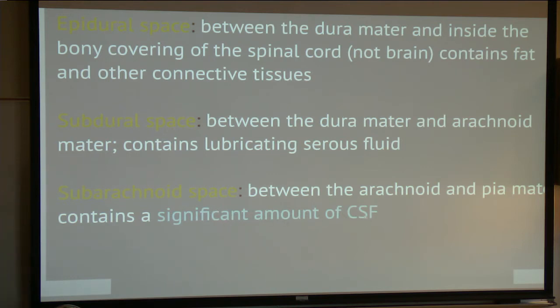This is going to give your brain and your spinal cord a little bit of buoyancy, so it has that space within the bone to just hang out. It's that lubrication and buoyancy around the brain within the skull. So out of all these spaces, you absolutely must know the subarachnoid space is a location where you have CSF, cerebrospinal fluid.